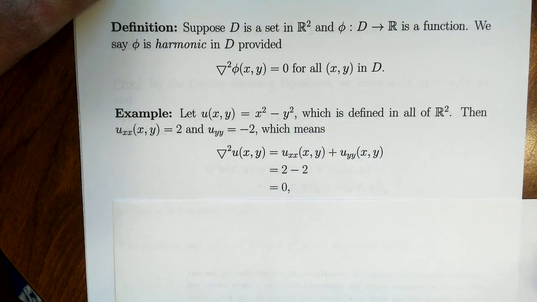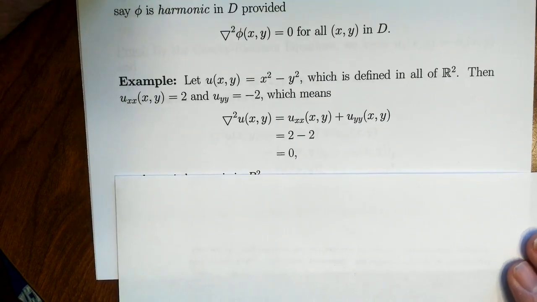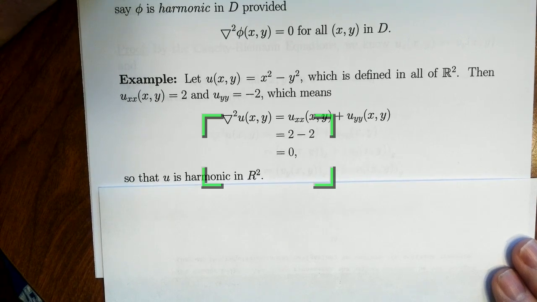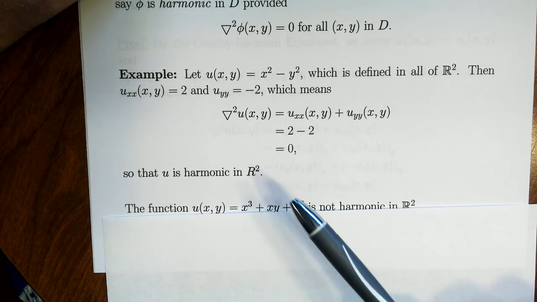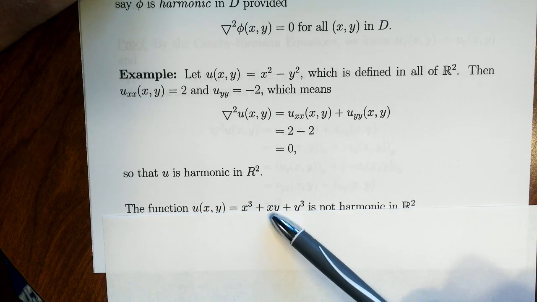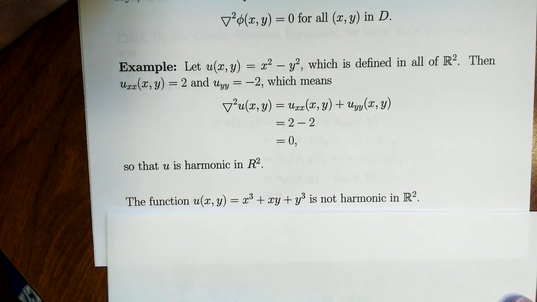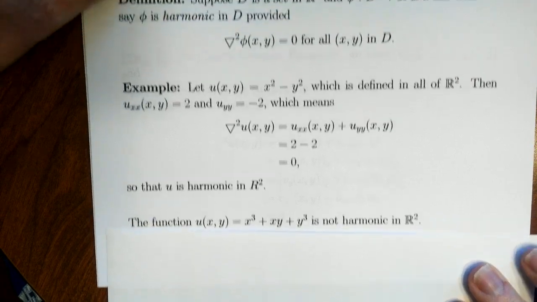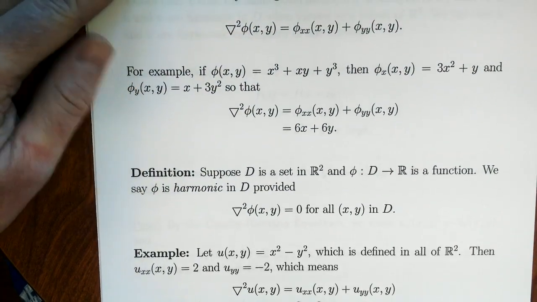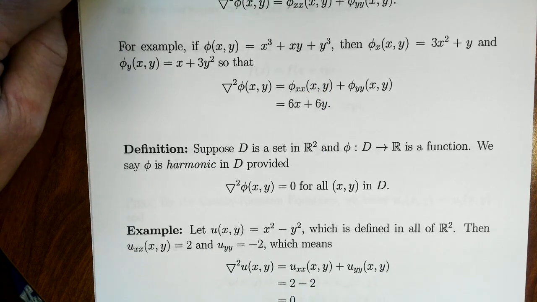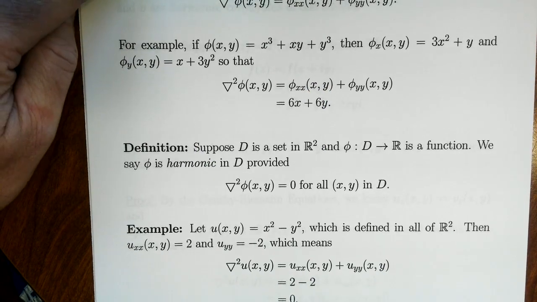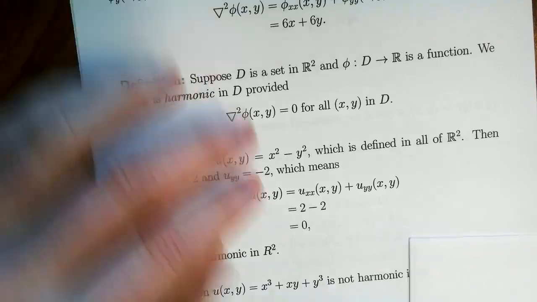So the function x squared minus y squared is harmonic in all of R2. Now the function x to the third plus xy plus y to the third is not harmonic in R2, because we calculated its Laplacian above, and it was 6x plus 6y, which is not equal to 0 on all of R2.